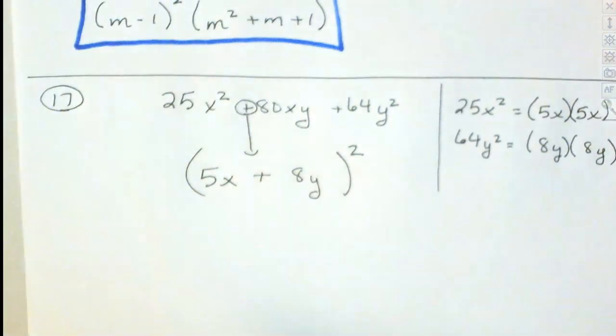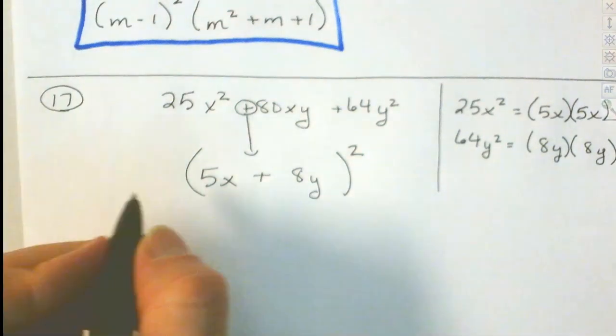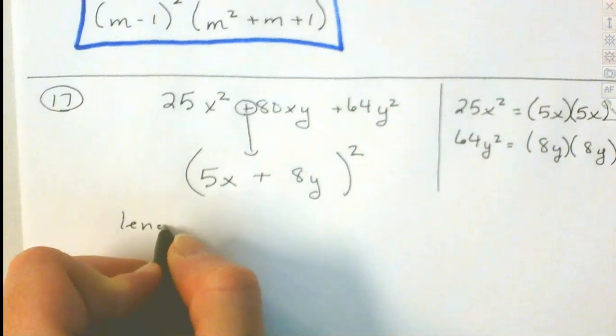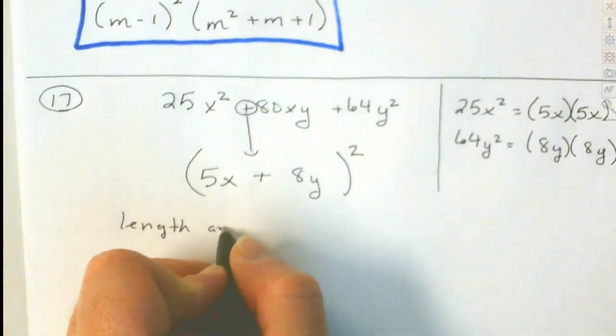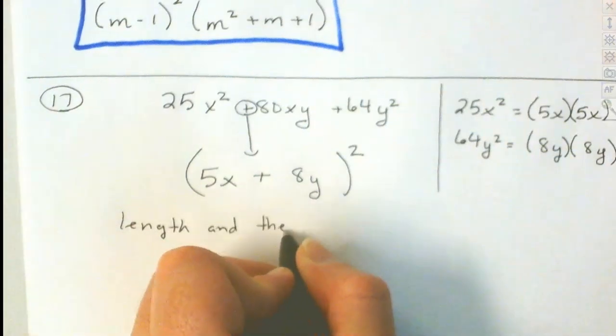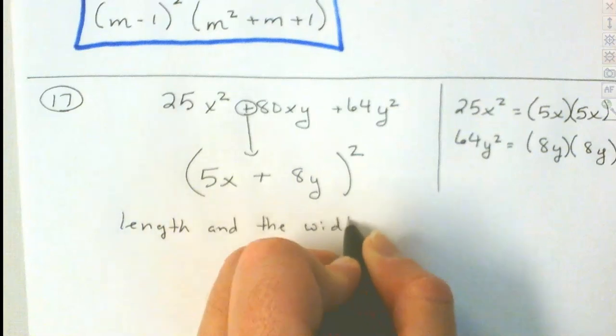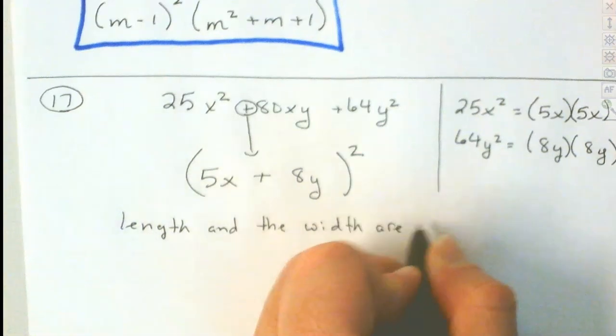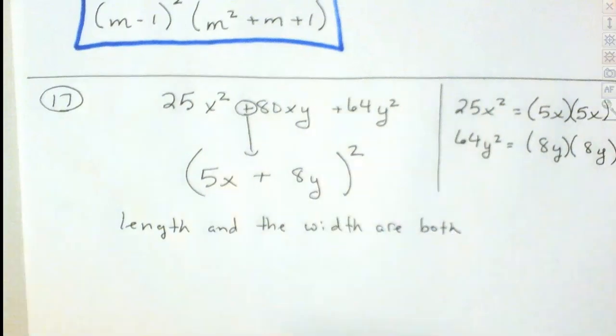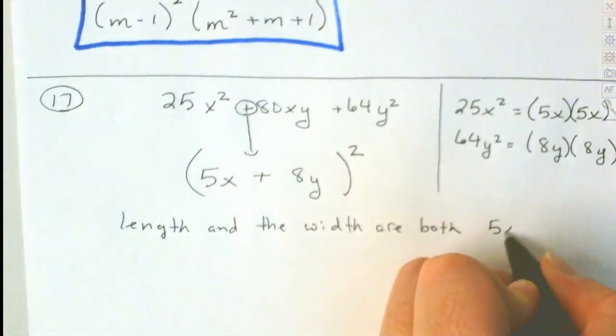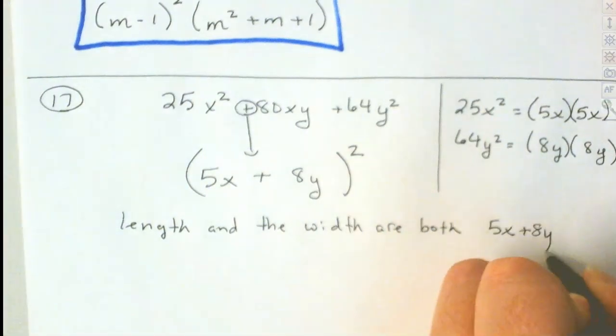This is squared. Okay, area of a square is two pieces put together. So that means the length and the width are both, because they're the same, are both going to be 5x plus 8y.